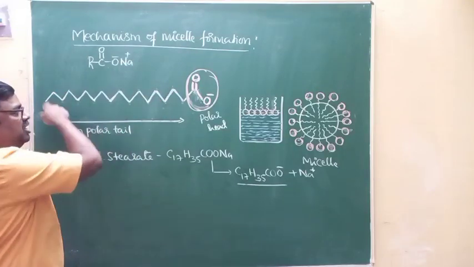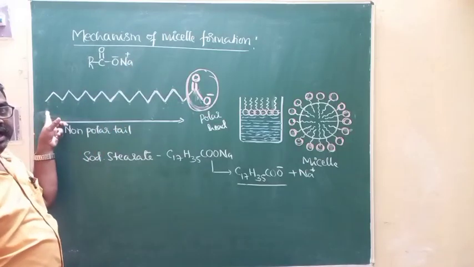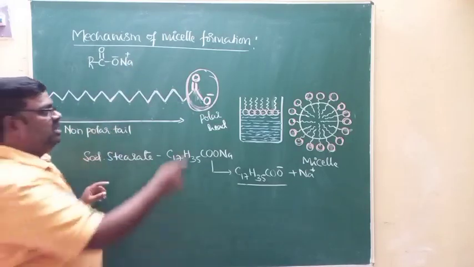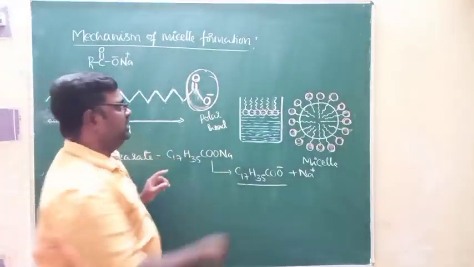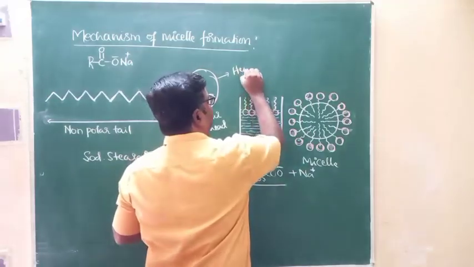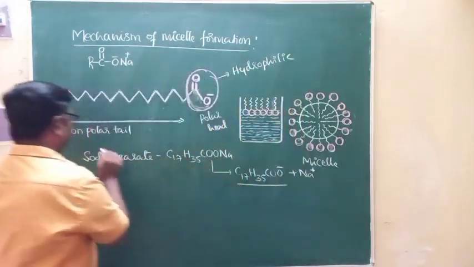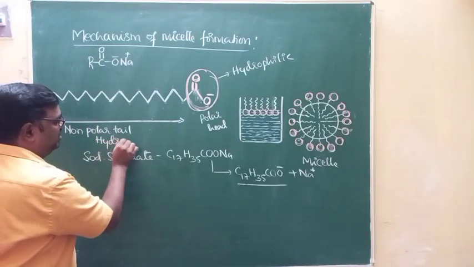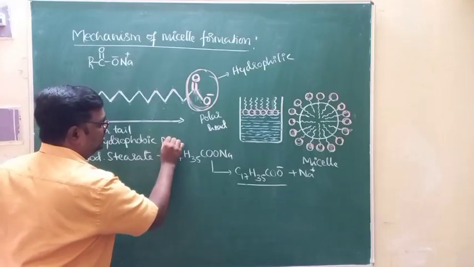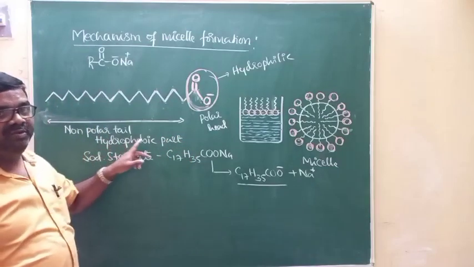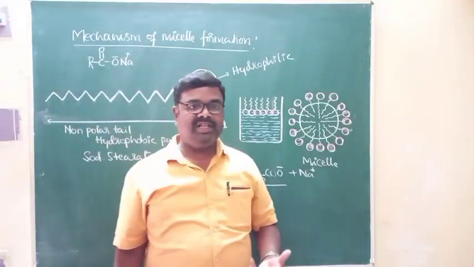That is, this part of the soap is insoluble in water, or has less affinity for water, whereas the polar head of the soap has much affinity for water. That's why it is called the hydrophilic part. This is the hydrophilic part of the soap, and this is the hydrophobic part. Such molecules undergo aggregation to form a spherical shaped particle called a micelle.